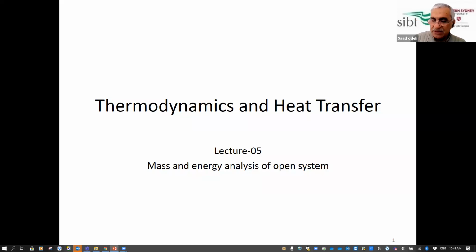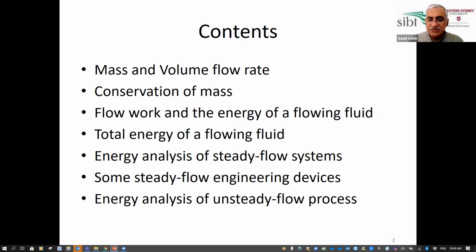So let's find out what the major topics are that we're going to go through. Today we will have mass and volume flow rate. We'll talk about what we mean by mass flow rate and what we mean by volume flow rate, and conservation of mass, because there's the law of conservation of mass.